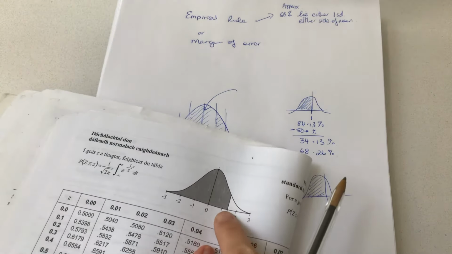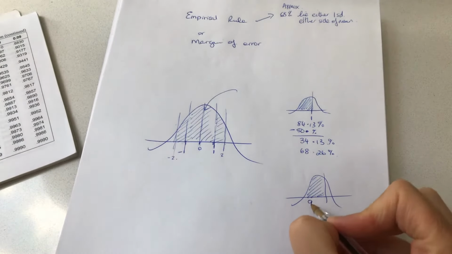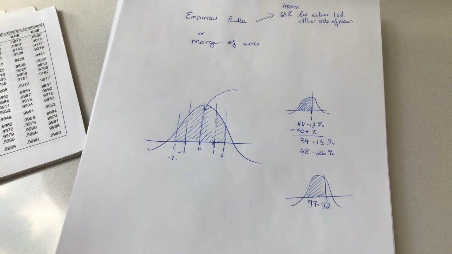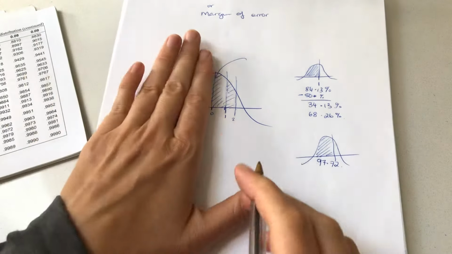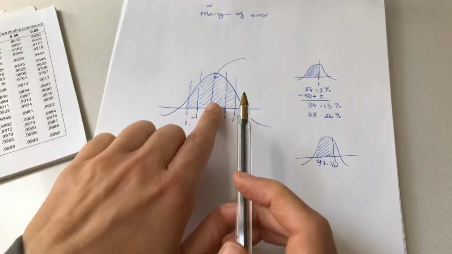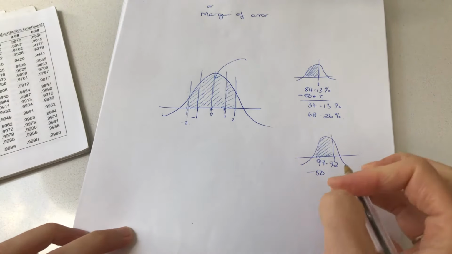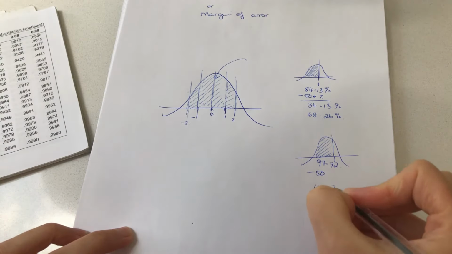It goes all the way up as far as whatever Z-score you're looking at. 97.72. I don't want all the way up as far as it. I want from there up. So if you're at 0, there's 50% before, 50% after, which means I'm subtracting 50%. And that gives me 47.72.